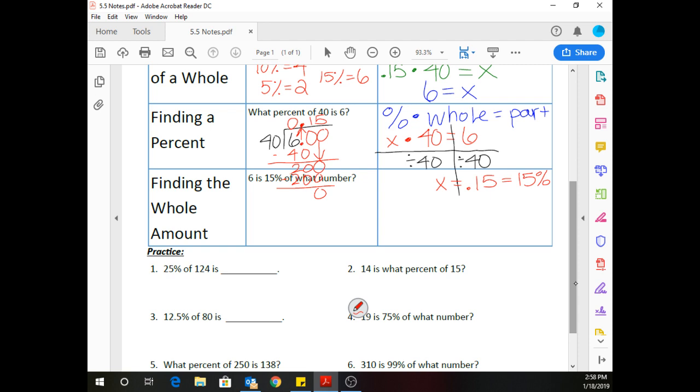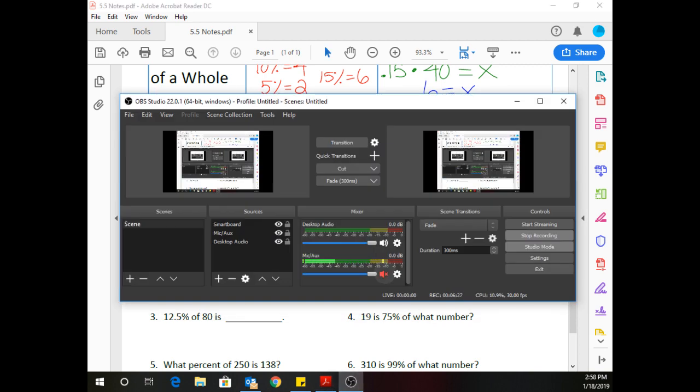Everybody understand that? All right, you guys try to set this one up. Try to set up: 6 is 15% of what number? So you know it's percentage times whole equals part. Try to set this up real fast with your table partner. Try to figure out what it would look like.